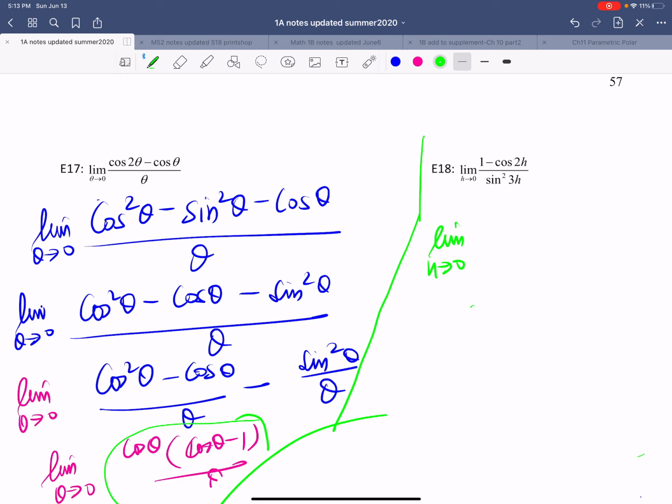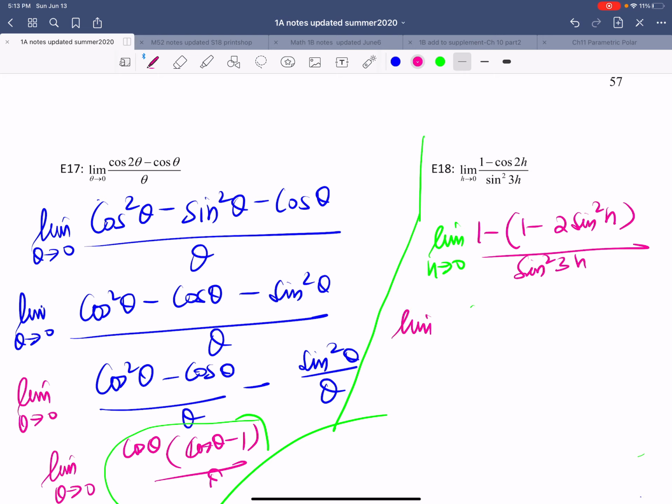The limit as h approaches 0 of 1 minus (1 minus 2 sine square h) divided by sine square 3h.